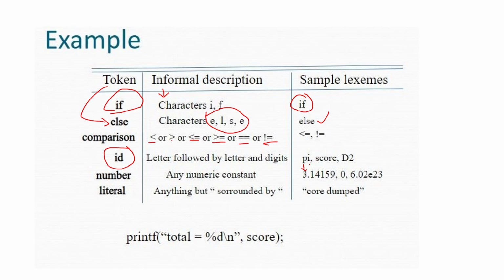These are called numbers. Then literals: anything but surrounded by double quotes, for example, core dumped. So a literal means anything surrounded by double quote symbols.